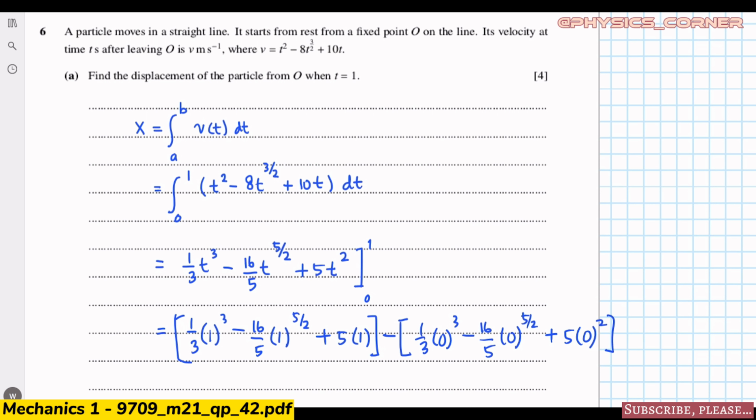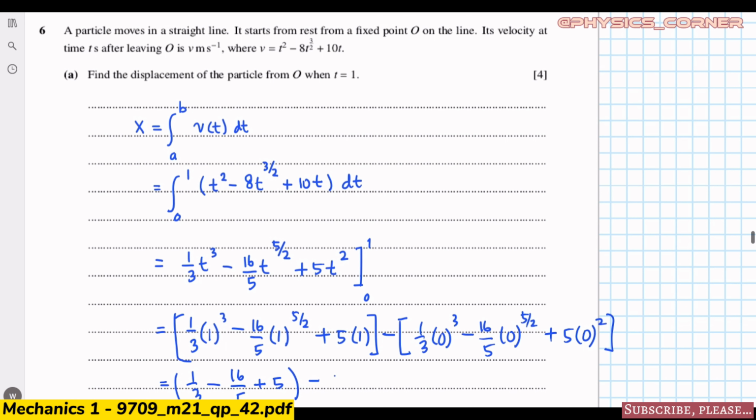Something with 0, so you don't need to write it. And then whatever the power, from 1, this is equal to 1. So same thing: 1 over 3 minus 16 over 5 plus 5, minus 0.